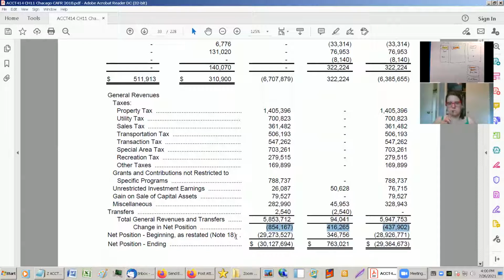And you'll notice that the beginning position on these was pretty ugly to begin with. This is sort of like the retained earnings, like negative retained earnings, and we've been losing money for years. So this is the negative amount. So we add those together. This number right here is really the ending number. And that's what basically people living in Chicago, that's what they're on the hook for.